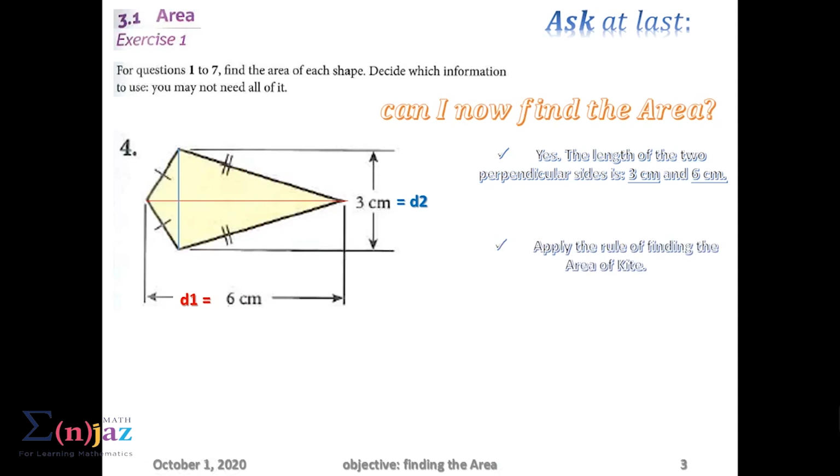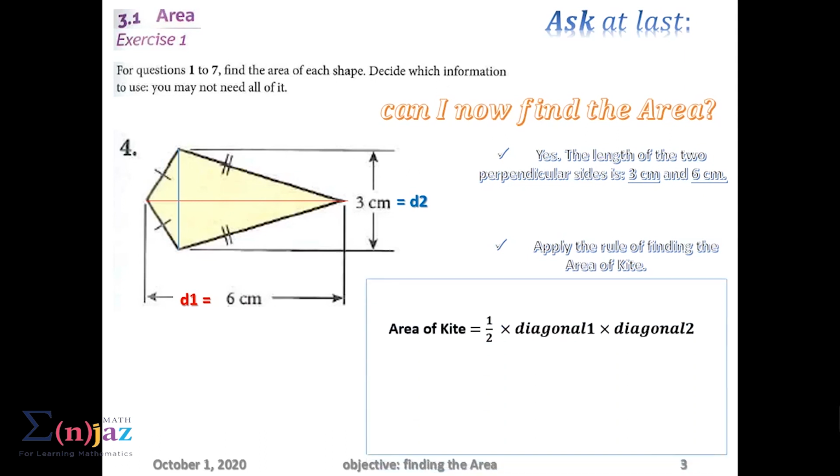Once again, half times the vertical diagonal times the horizontal diagonal. Or you can say half times diagonal 1 times diagonal 2.